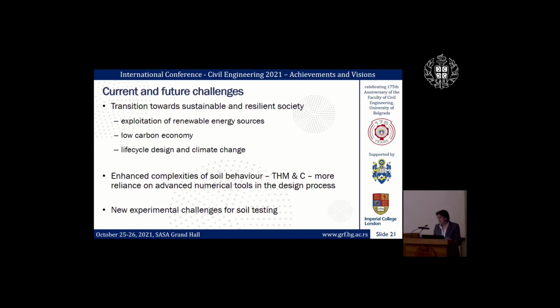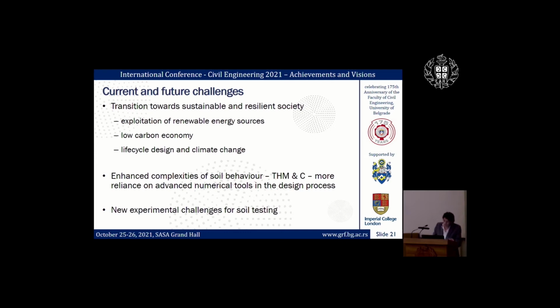Clearly, for geotechnical engineering, the enhanced complexity of soil behavior will mean that we have to rely more on numerical tools, because all these thermohydromechanical, possibly chemical interactions cannot be taken into consideration just by hand calculations, so there has to be more numerics.